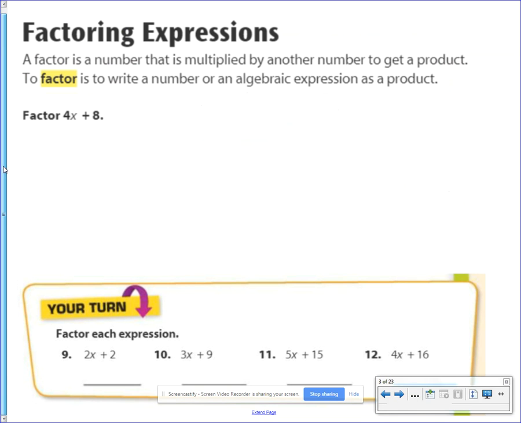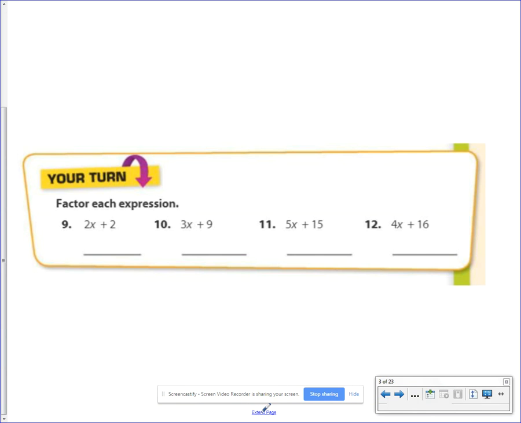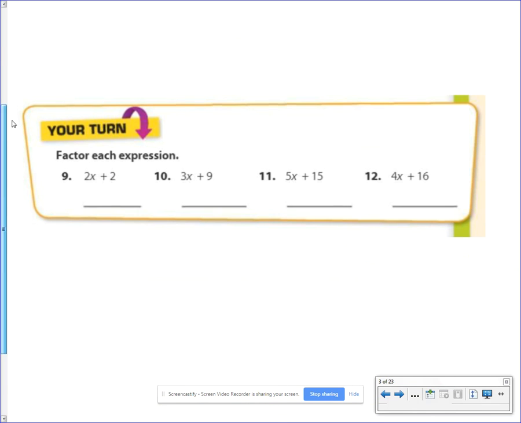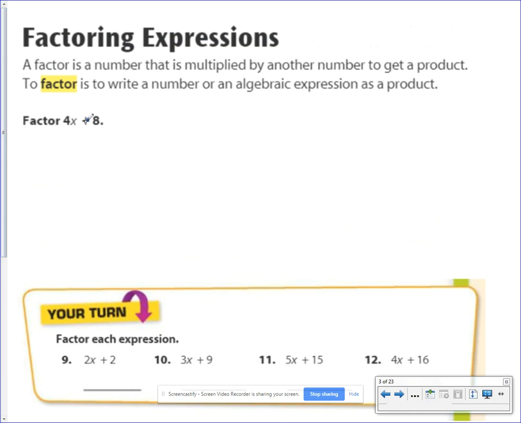All right, now let's practice some factoring. Factoring is going the other way from the distributive property. Okay, so look at this one first. 4x plus 8. You want to break this into 2 things being multiplied together. Since this has an x and this one doesn't, I have to focus in on the numbers. What do 4 and 8 have in common?